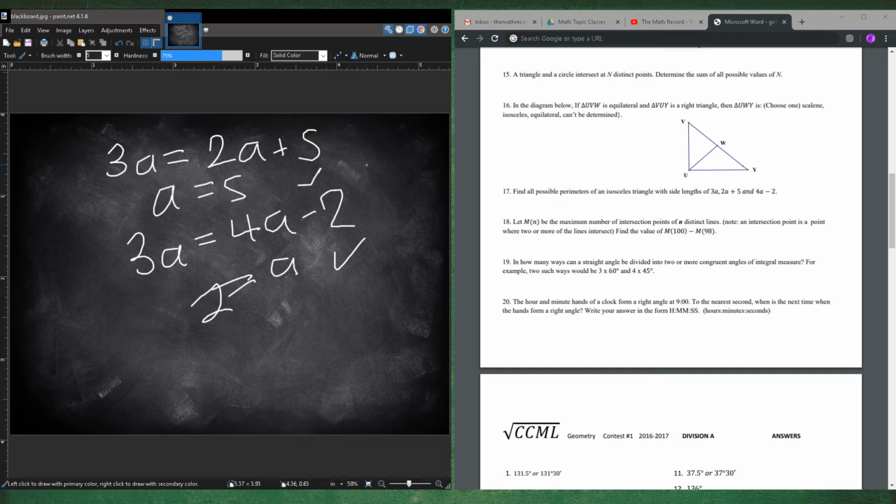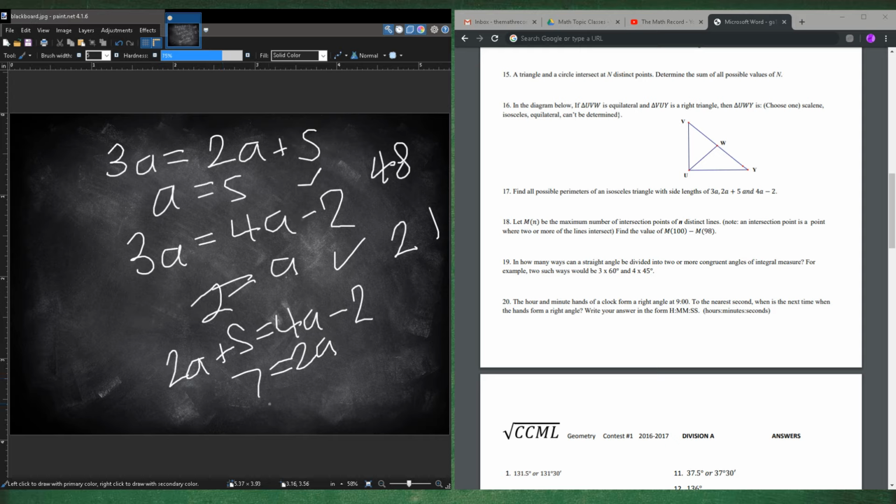And now we have 2a plus 5 is equal to 4a minus 2. So you minus 2a from both sides, add 2 is 7, and then a equals 7 over 2. Sorry, it's a diagonal, I'm writing it diagonally.